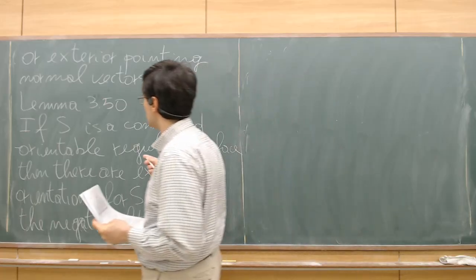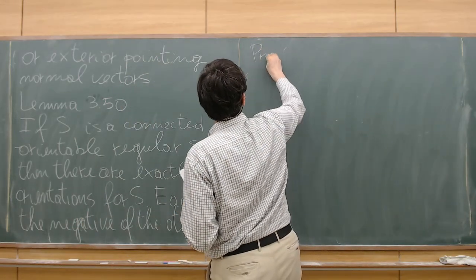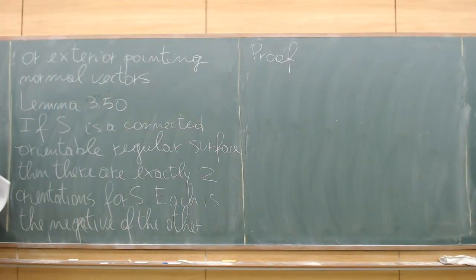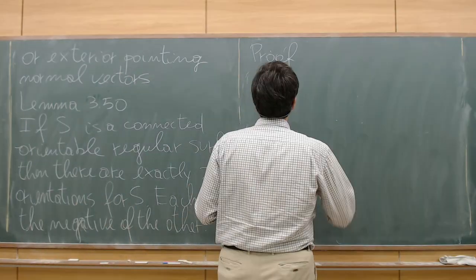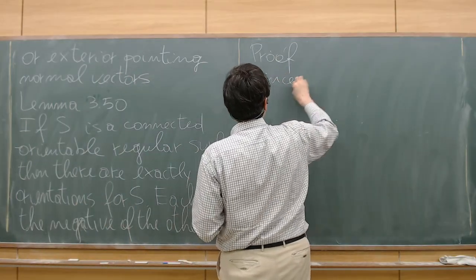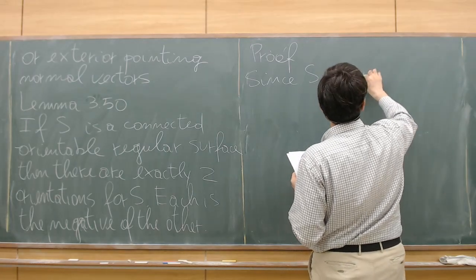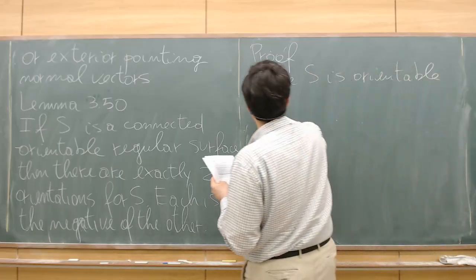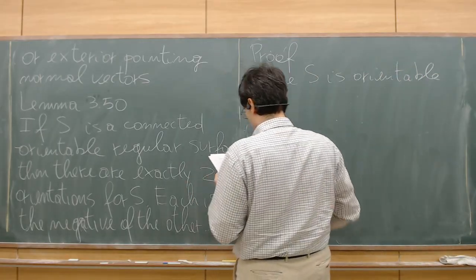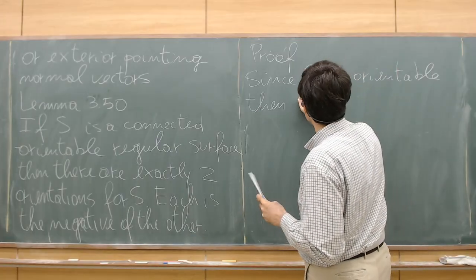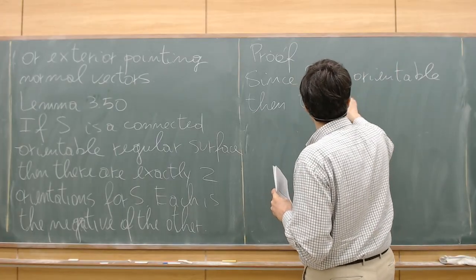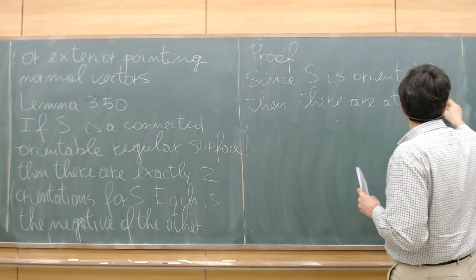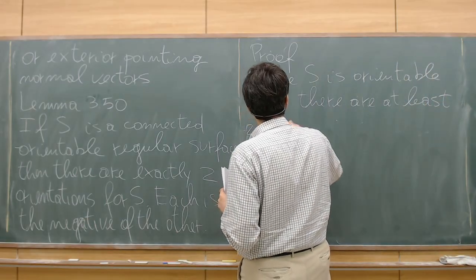Okay, it's very easy to prove that there are at least two orientations. Since S is orientable, then there are at least two orientations.